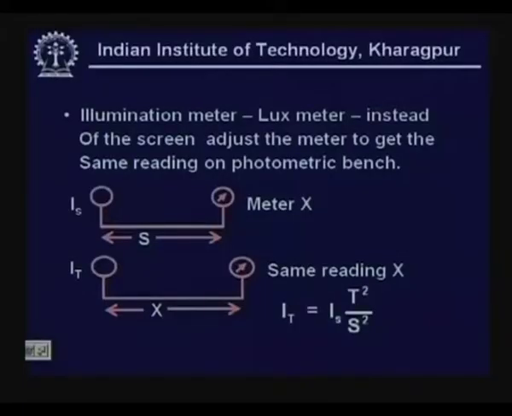So, what do we find? What we do on a photometric bench, we locate the standard lamp, and at a certain distance s, we get a reading on the lux meter of x. So, we take a photometric bench, we locate the meter at a distance s and observe the reading, let it be x.